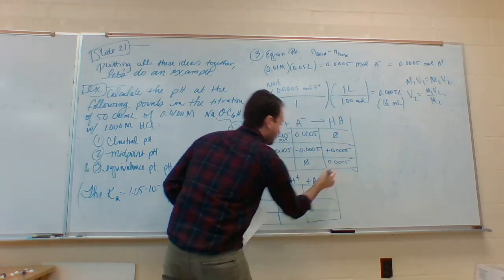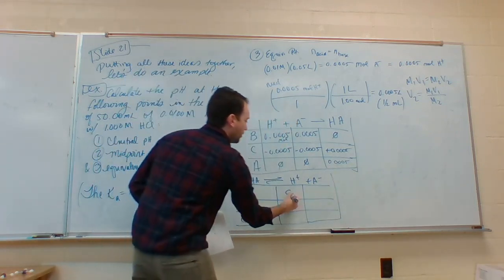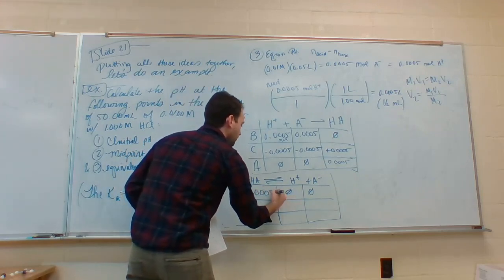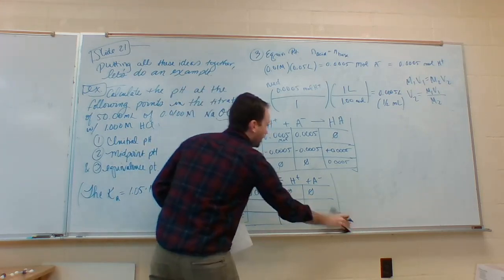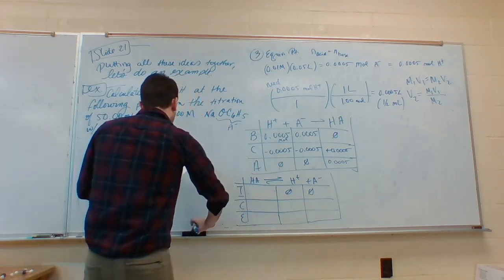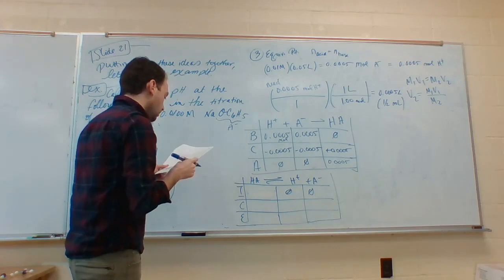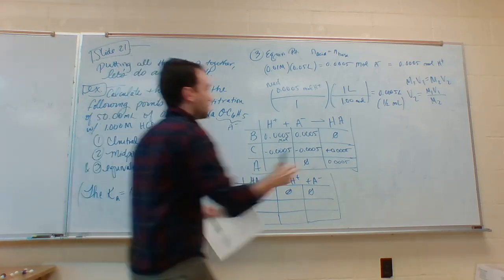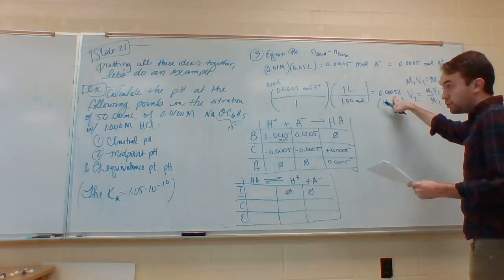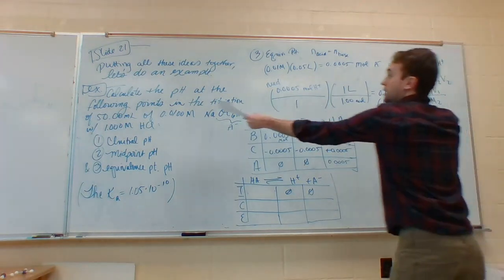All right. We know that we have nothing here, and we know we have 0.0005 moles of HA. Because that's in moles, we're going to have to divide that by our total volume. We had a half of a milliliter here, so we add that to the total volume that we had here.